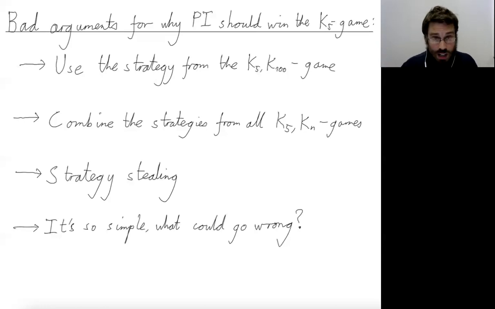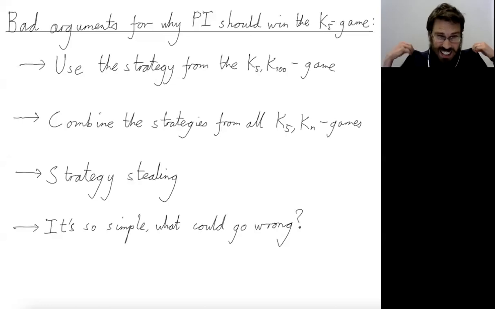Then you can use a compactness argument. Anybody who knows about this compactness principle knows it's a straightforward exercise to see that you can use it to build a strategy for the K5 game in which, again, the first player can win within the first 1,000 moves.